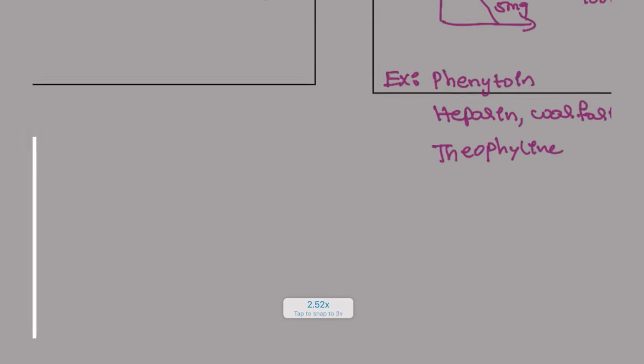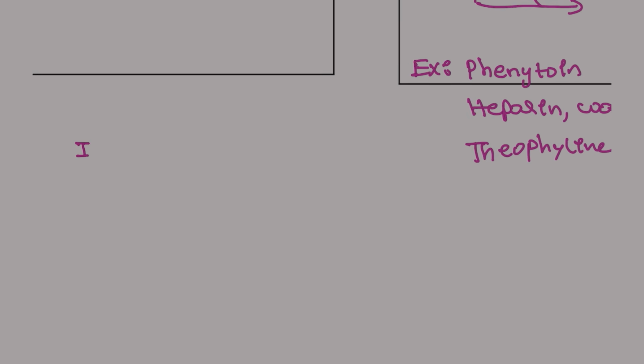Next, drug receptors, that is also very important. What are the different types of receptors that will be seen? If it is ion related, these are ion receptors: GABA A, or glutamate, and also nicotinic.